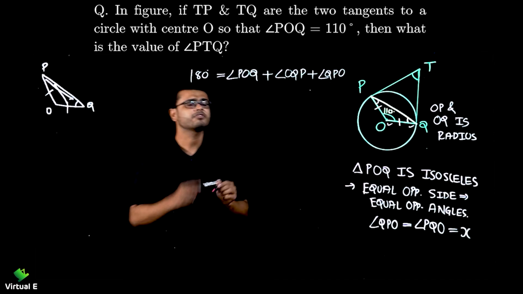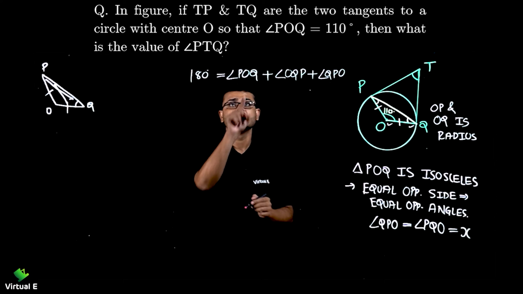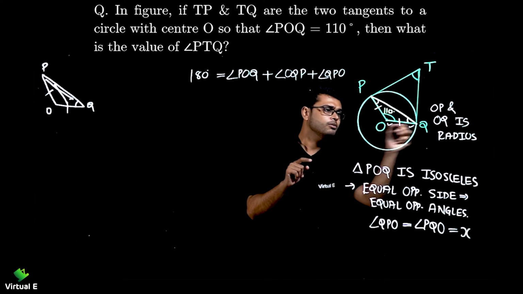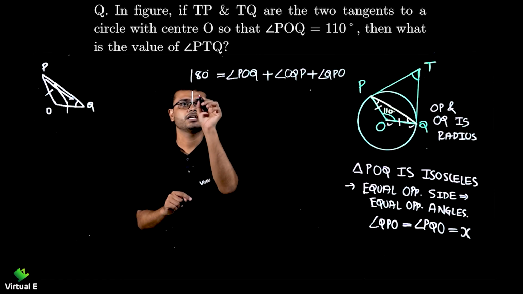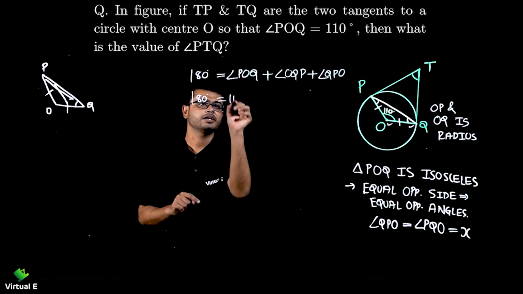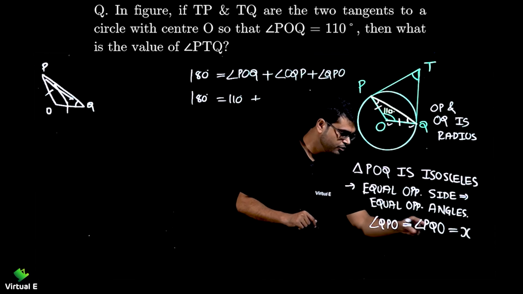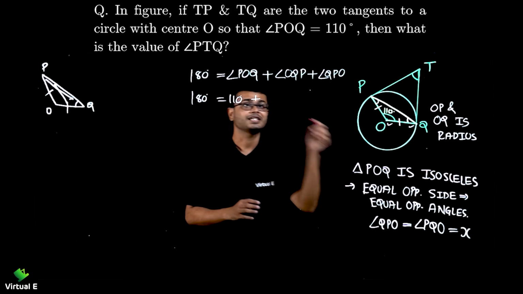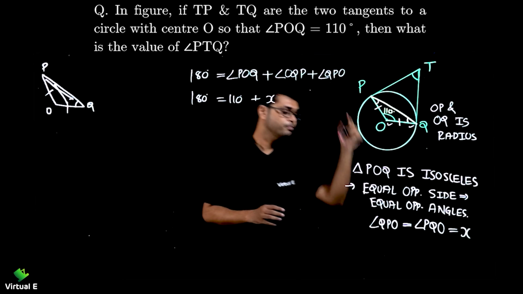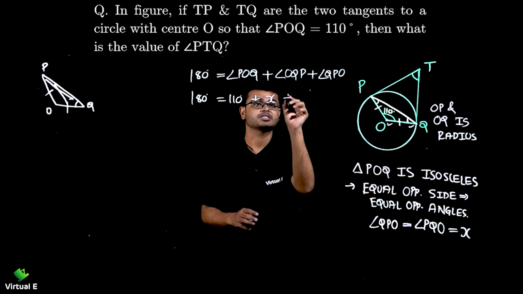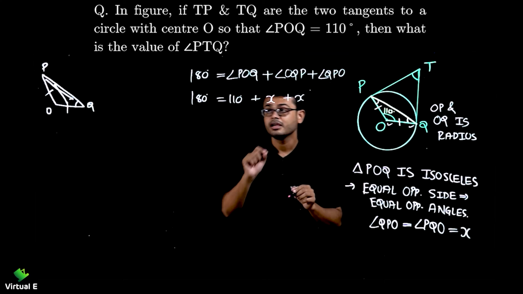If you add the three angles of a triangle, you get 180. Very simple. Now POQ is 110, and 180 stays as it is. Now OQP is x, and QPO is also x, because those two angles are equal.